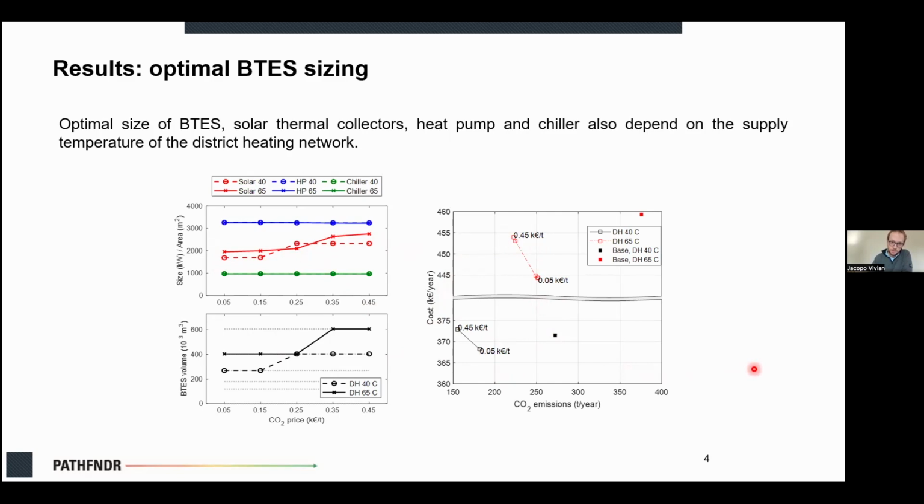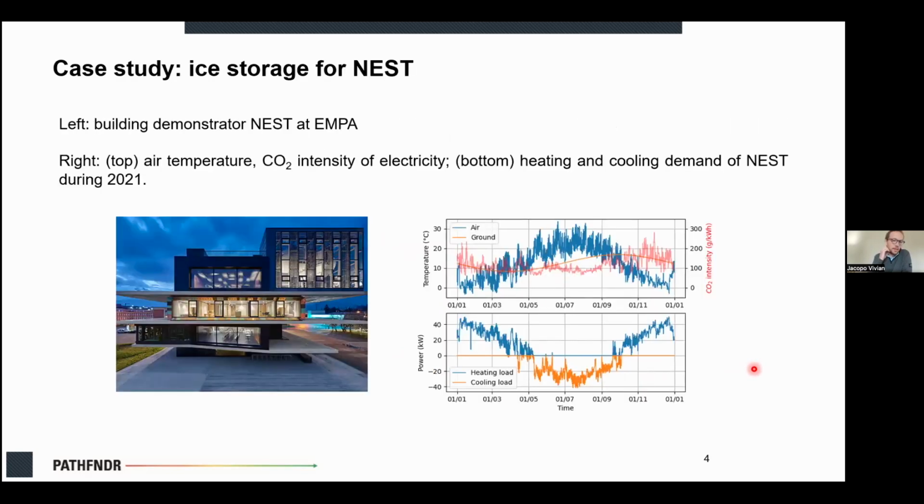CO2 emissions. The second case study is an ice storage for the Nest building that you probably know. So these are the heating and cooling demand that you see here for the year 2021, okay?